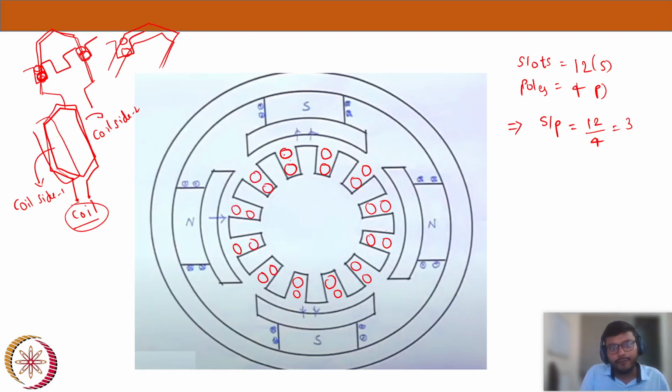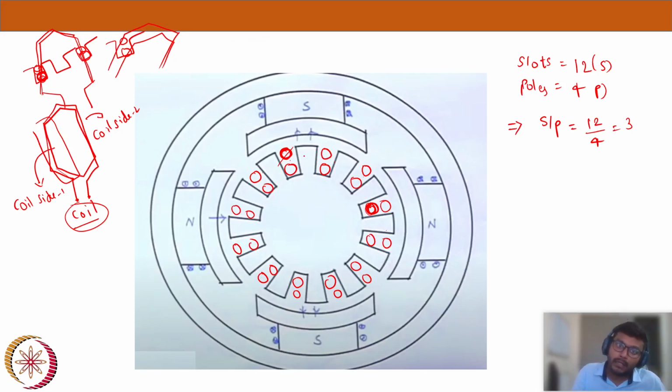Let's say this is one coil, and this end should be after the coil span, which is 3: 1, 2, 3. So this is the starting, and I'm placing a coil here, and it will return here, because the return path we usually place at the bottom side, and the top side is where we start the coil. That's why I marked this as the bottom side.